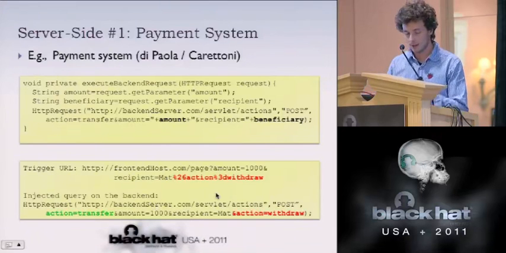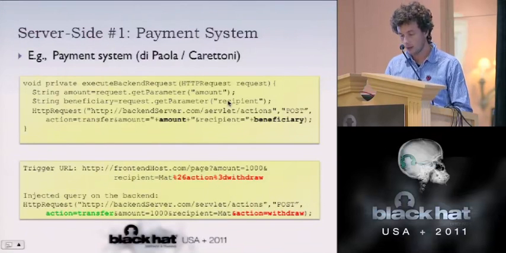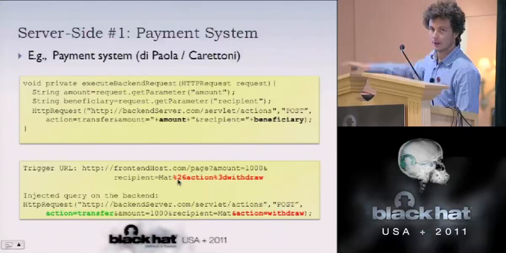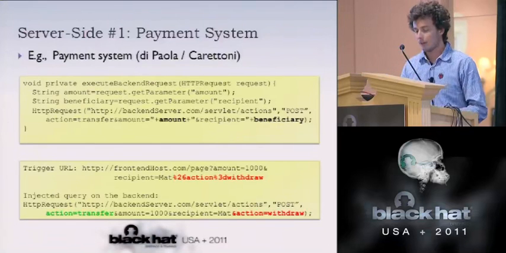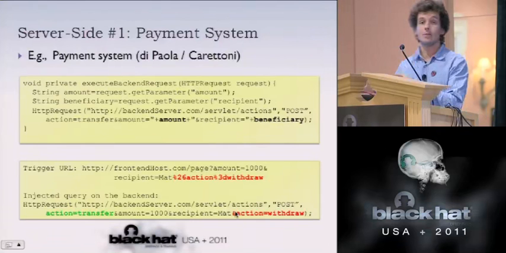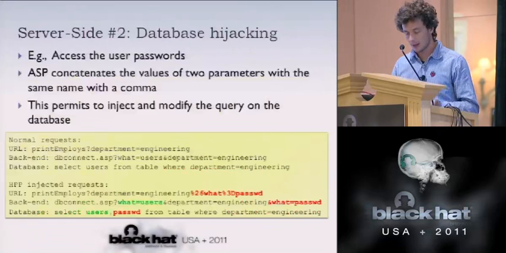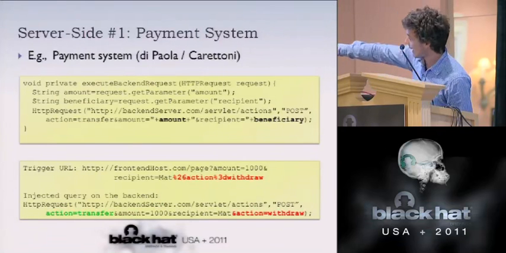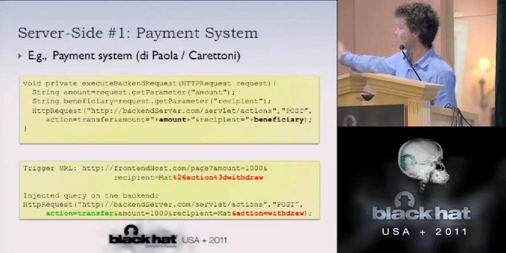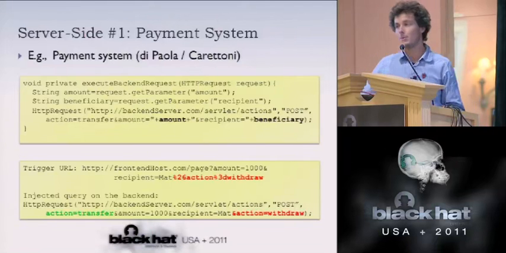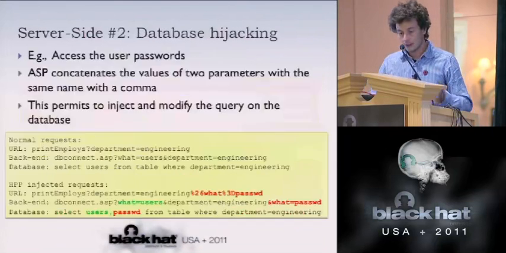This code retrieves the recipient name, which is Matt, but in this case you have Matt and this red code that gets decoded and passed along in the request that the front end makes to the backend. So the attacker is able to override the action, which is a transfer, with the action withdraw. Possibly he can retrieve money instead of transferring it somewhere else.